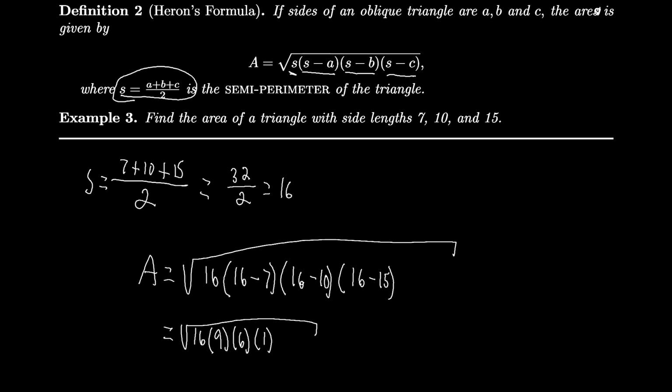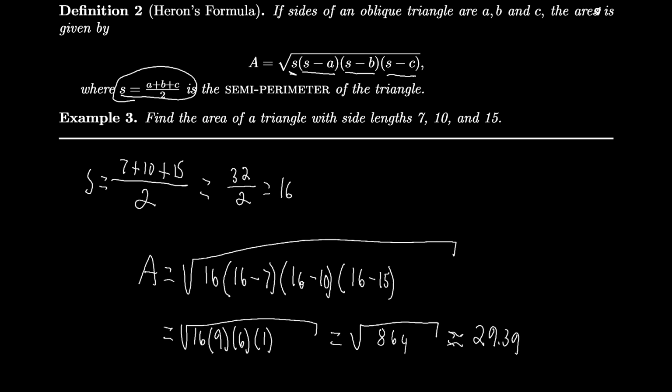You don't have to worry about the times 1. You get 864. And then the square root of 864 to about 2 decimal places is about 29.39.